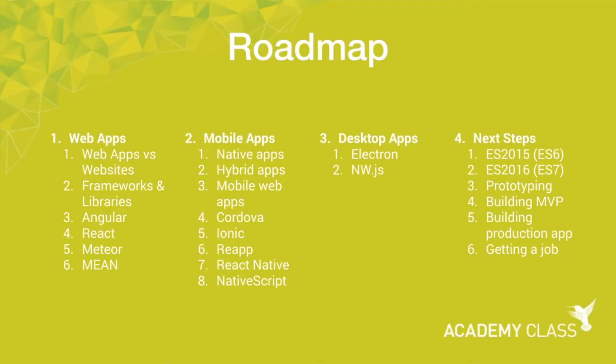What is ES 2016? What is the best way to do prototyping? What are the best ways to build an MVP? And how to build a production app, what tools to use while building a production app using JavaScript.